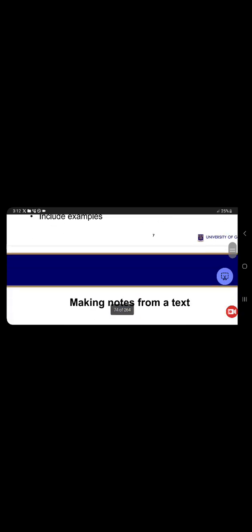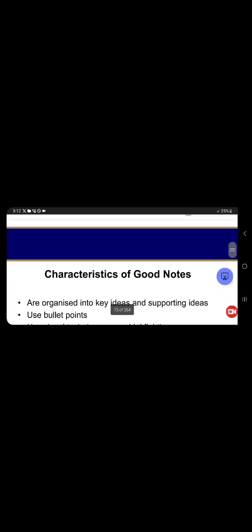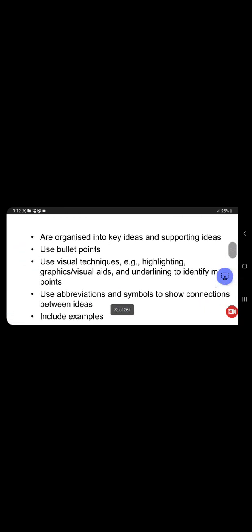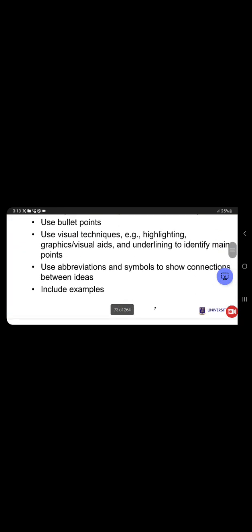A raw sketch: from this process I'm coming to this, from here I'm coming here. It is just like that. You can also use abbreviations and symbols, and then you can also include examples. So those are the features or characteristics of good note making, or good notes.